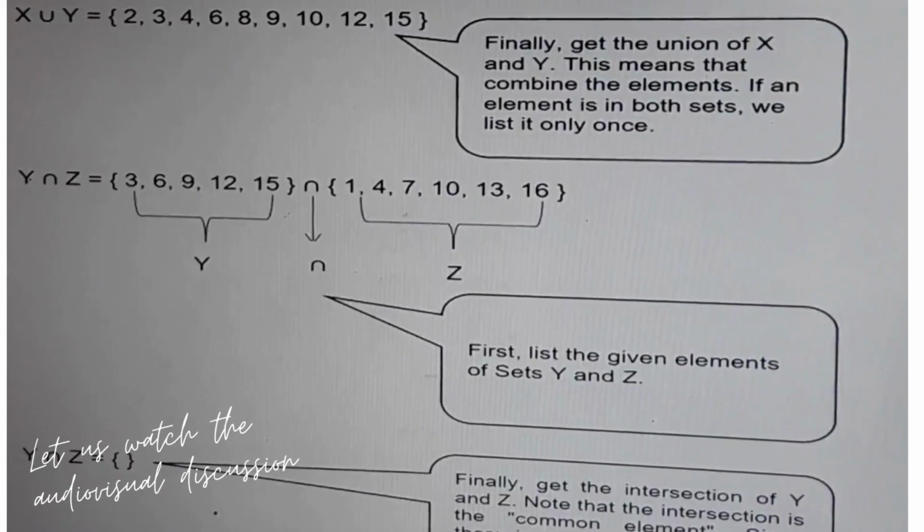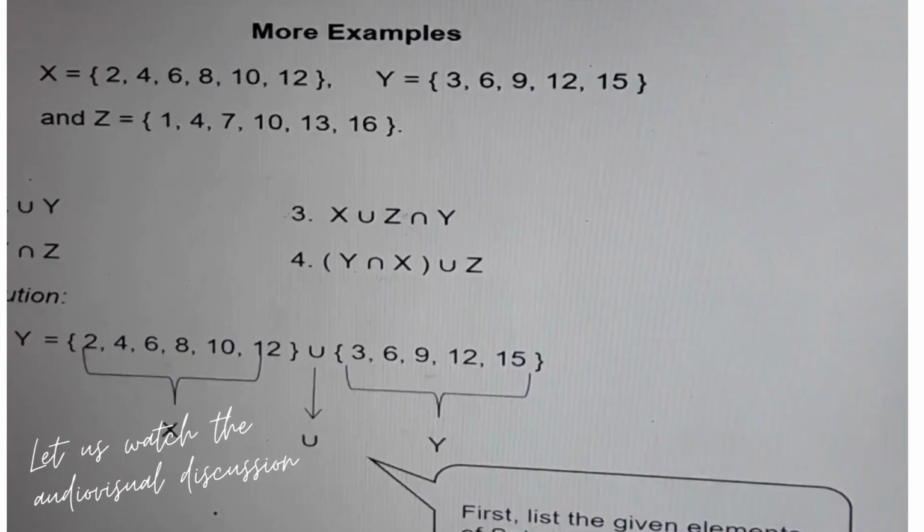Okay, I think it's provided an example, the complete illustration of finding the union between X and Y. First, you have to write all the elements in each set.